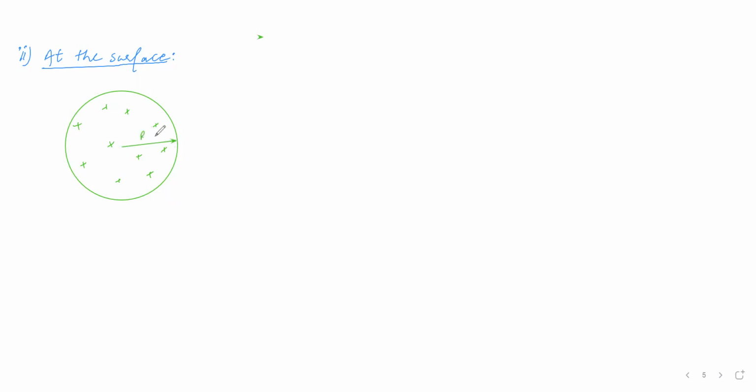This is your radius R. And we are going to calculate the field at the surface now. When you calculate the field at the surface, then just like in the previous case, your small r, I mean, radius capital R is equal to the small r.